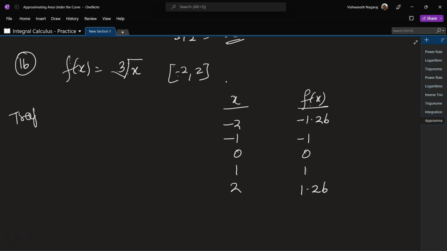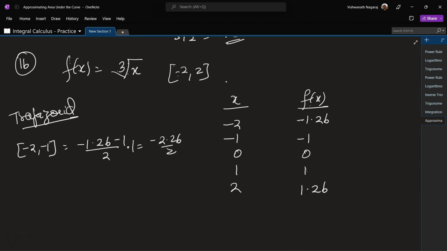Again, trapezoid method. So in the interval minus 2 to minus 1, it would be (minus 1.26 plus minus 1) by 2 times 1, which gives us minus 2.26 by 2, which is minus 1.13.